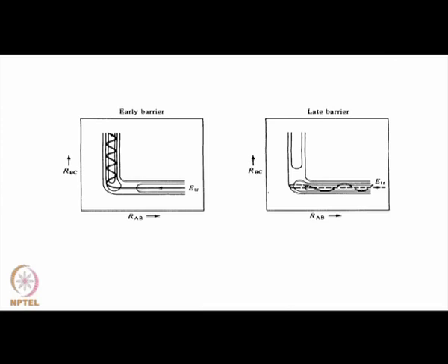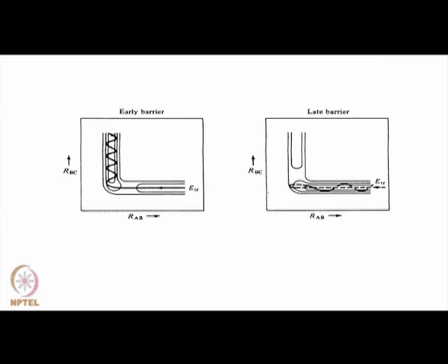From the distribution of the product, you can in principle find out the opacity function, okay, because the opacity function is a very important probability function. So it is an important quantity while studying reaction dynamics.